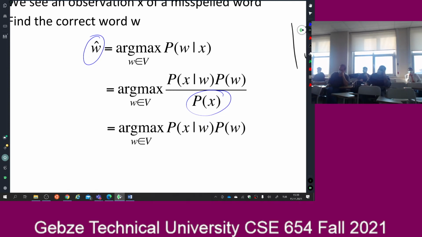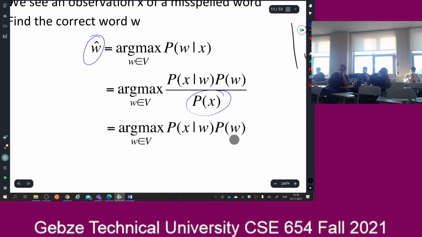So this one stays a constant. It doesn't matter for me whether this one is 0.1 or 0.5. It is the same for all different W's. So I don't have to calculate this. All I have to calculate is this one. I know how to calculate this one. Why? Because I know how to calculate P(W).